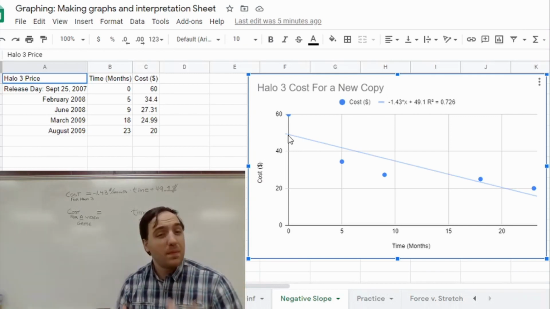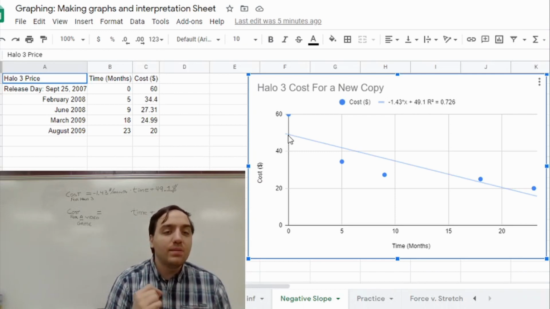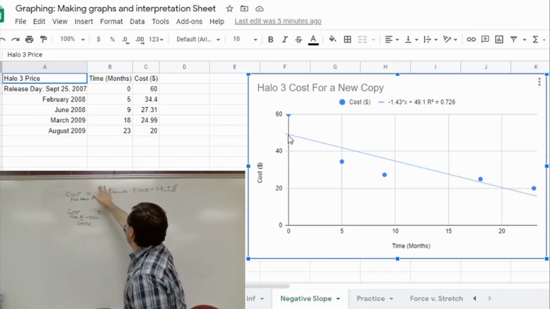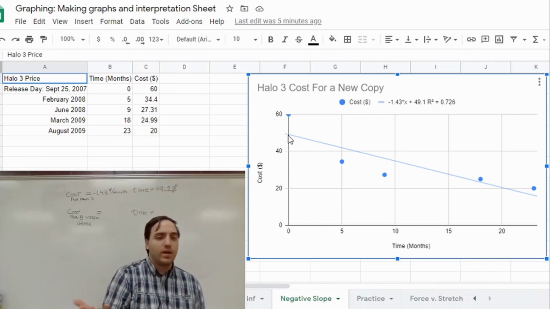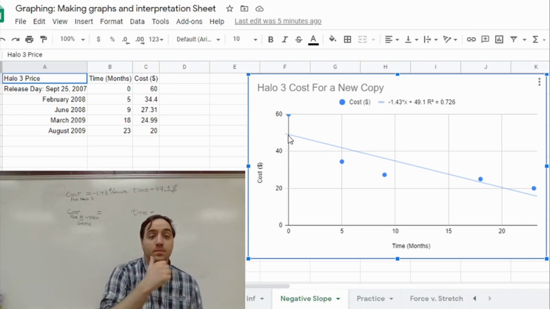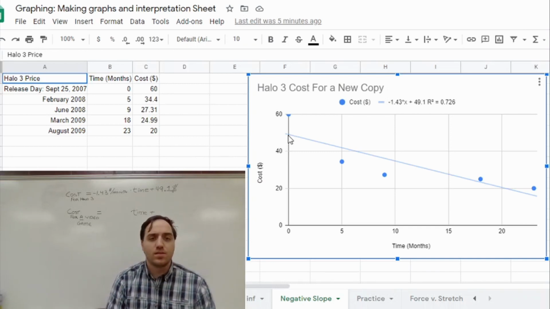If you'd rather think about it a different way, at time equals 0, get rid of this entire center section here, what was the cost for Halo 3? Well, the cost was 49.1. What this tells us is that the initial value is both important and a factor.